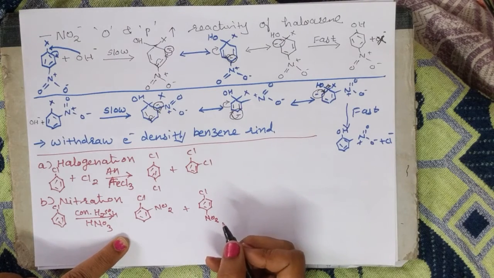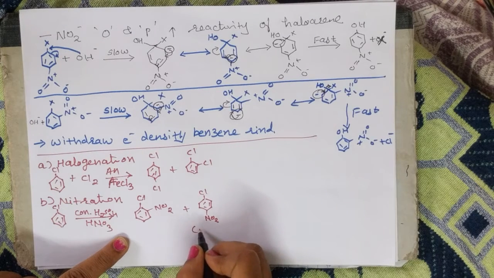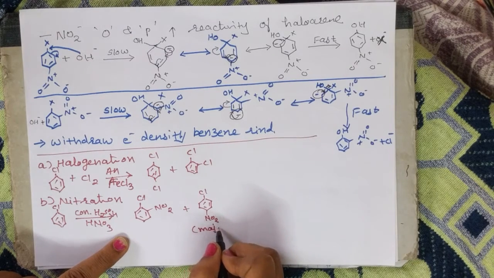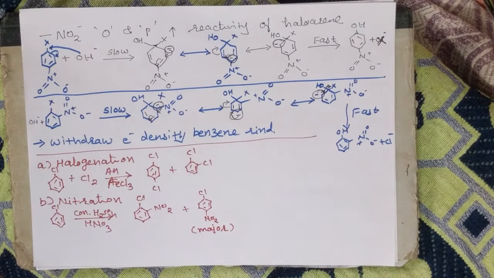So this 1-chloro-4-nitrobenzene is your major product, as per the symmetry, and we have studied about Markovnikov's rule.